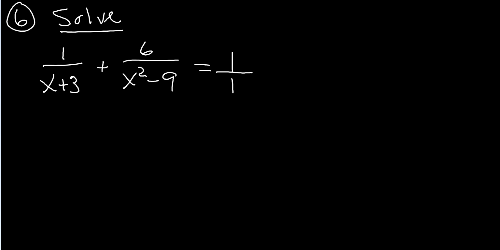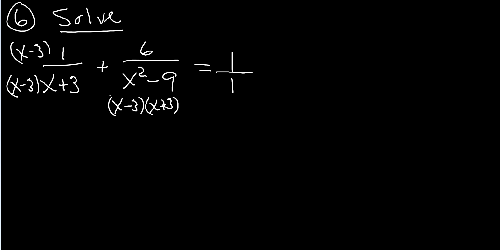So let's see. When I look at the x squared minus 9, we know that's x minus 3 times x plus 3. Therefore the first fraction here is missing the x minus 3, top and bottom.